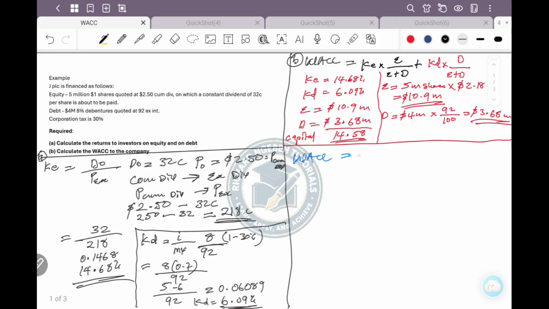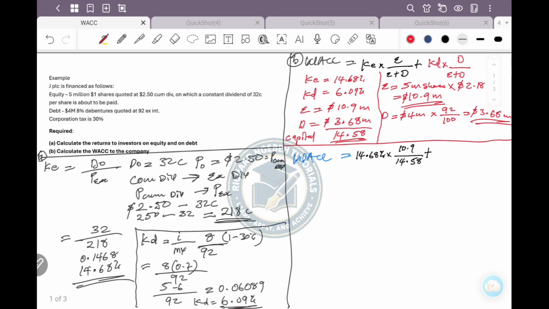What is KE? KE is 14.68% times, what is the equity, 10.9 upon equity plus debt, which will give you 14.58. Okay, you're gonna add everything.